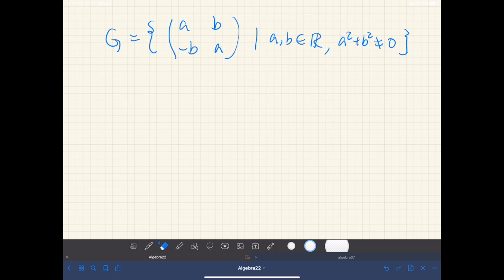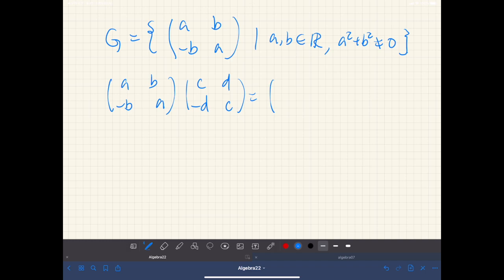To see this, let's see. So AB minus BA times CD minus DC. So this is AC minus BD, and AD plus BC, and minus BC minus AD, and minus BD, AC.